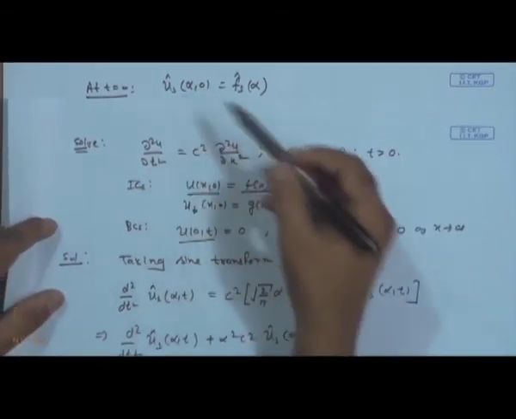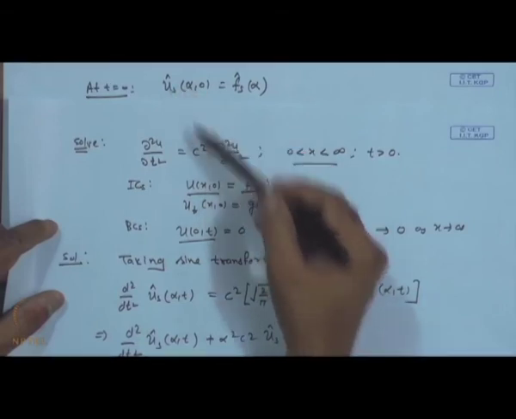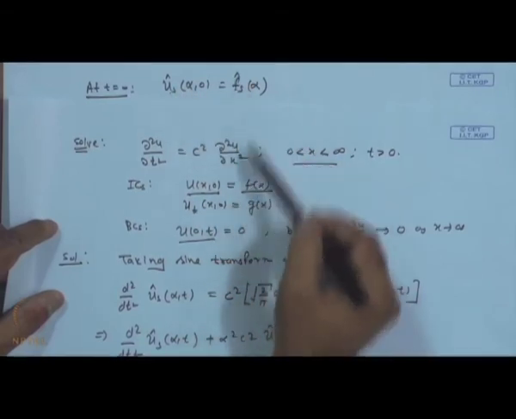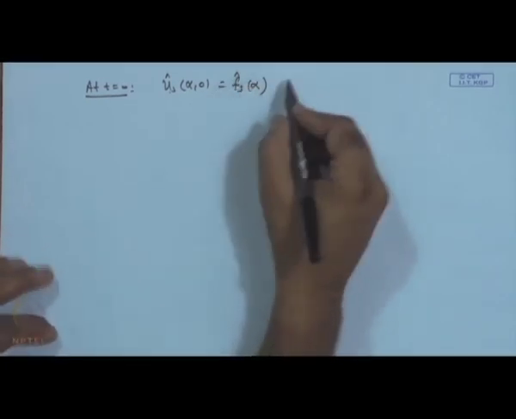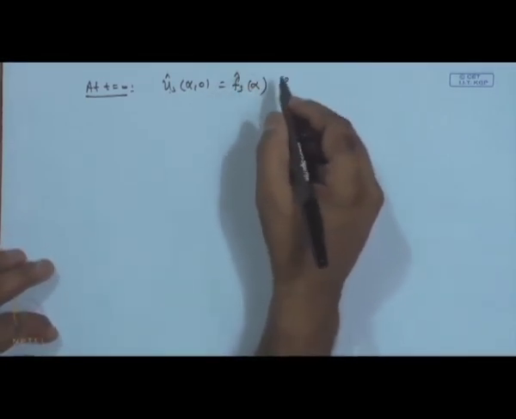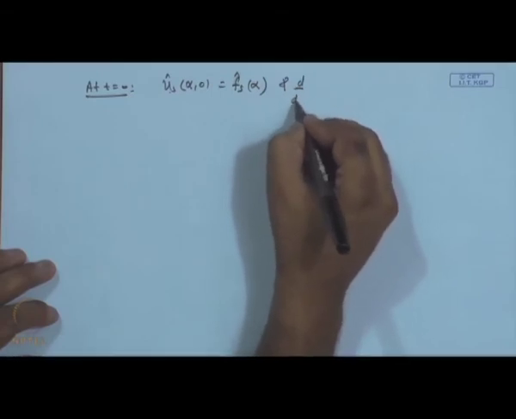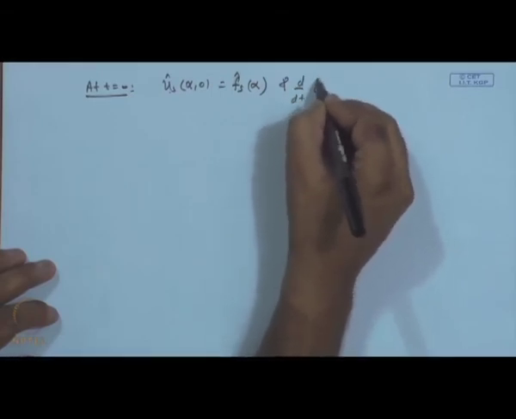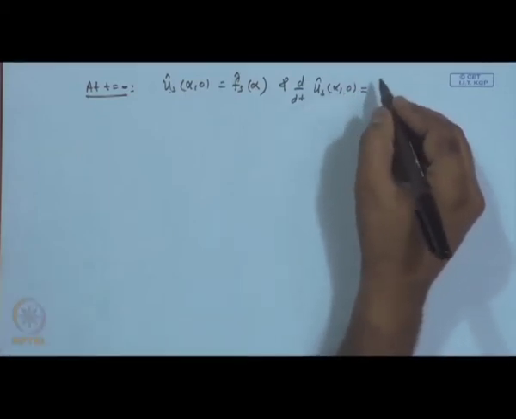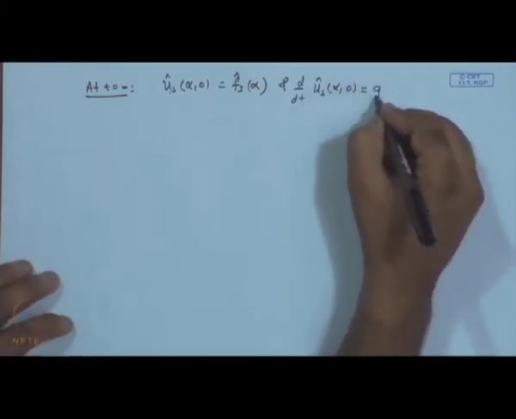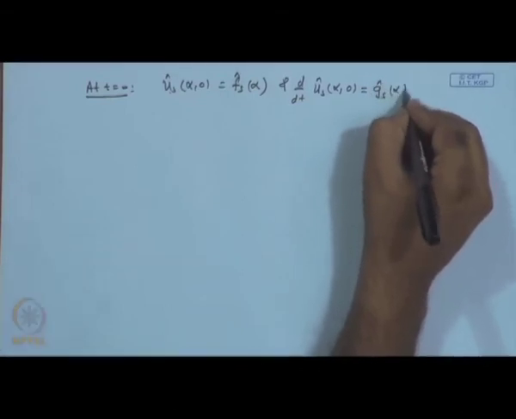So, we take the Fourier sine transform, and we get u_s hat(alpha, 0) equal to the Fourier sine transform of f, that is f_s hat(alpha). And from the second one we have the derivative, so d over dt of u_s hat(alpha, 0) is g_s hat(alpha).